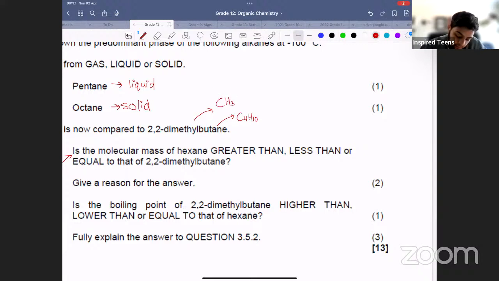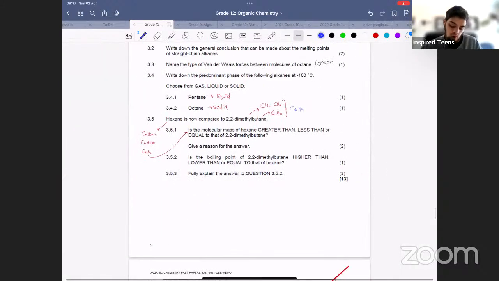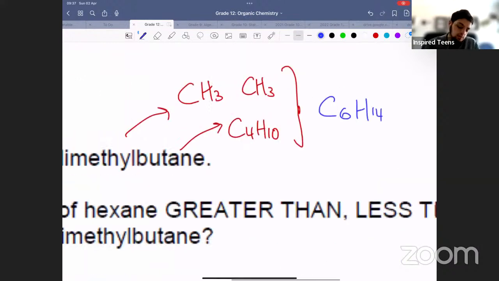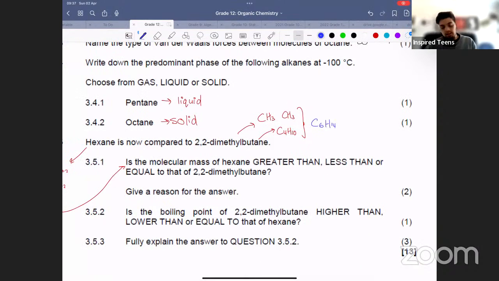So when we combine this, we get basically C6H14.